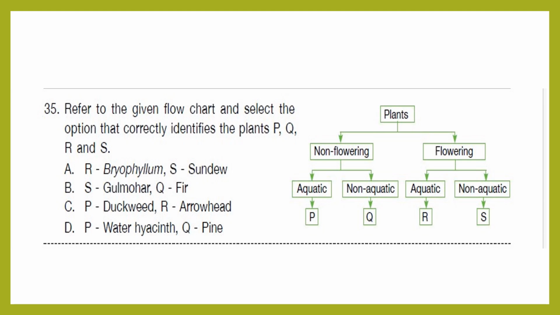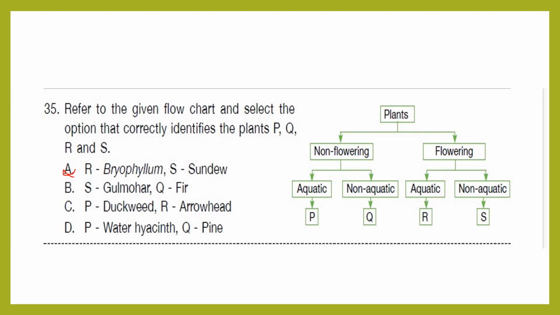Here non-flowering aquatic is P, non-aquatic, non-flowering is Q. Aquatic flowering plant is R and non-aquatic flowering plant is S. Let's check for options. Option A, R is bryophyllum, S is sundew. And here R is an aquatic plant. But bryophyllum is not an aquatic plant, so this option is incorrect.